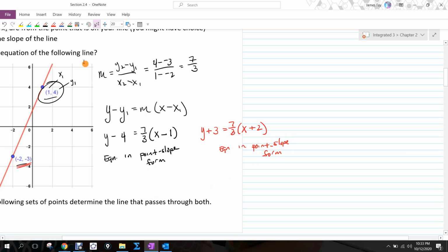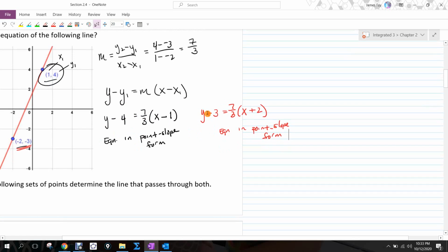Now, what's nice about point slope form is that you can always change it back to slope intercept form. You can always solve for y, because these two things look like they're different. Well, what we can do is I'm going to go y minus 4, distribute my 7/3, so I get 7/3 x minus 7/3, and now I want to solve for y, so add 4 here, add 4 over here.